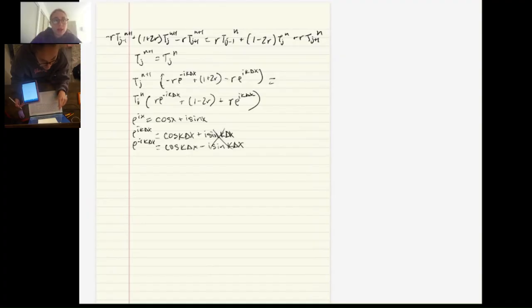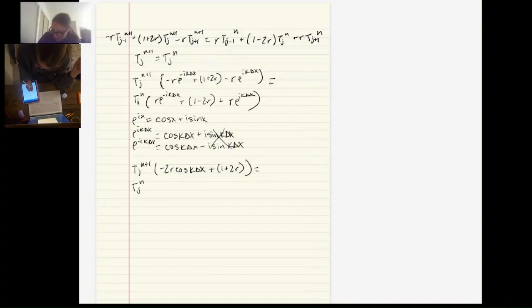So let's combine them. We have T_j^(n+1) times negative 2r cosine k delta x plus 1 plus 2r is equal to T_j^n times 2r cosine k delta x plus 1 minus 2r.